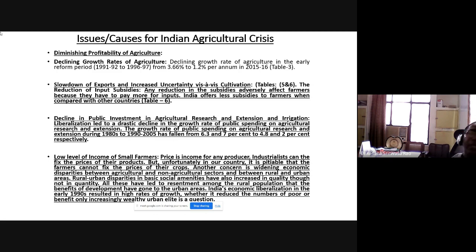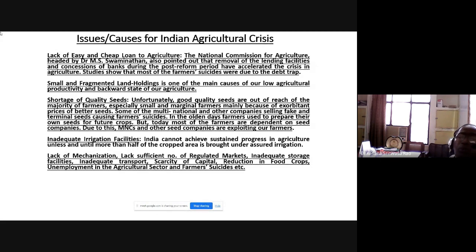Then diminishing profitability of agriculture, because as we can see, the declining growth rate of agriculture in the early reform period from 3.66 to 1.2% per annum, slowdown of exports and increased uncertainty, then the reduction of input subsidies, decline in public investment in agriculture research and extension and irrigation, and low level of income of small farmers, lack of easy and cheap loans to agriculture, small and fragmented land holdings, shortage of quality seeds, inadequate irrigation facilities, lack of mechanization, lack of sufficient number of regulated markets, inadequate storage facilities, inadequate transport, scarcity of capital, reduction in food crops, unemployment in the agriculture sector, and farmer suicides.